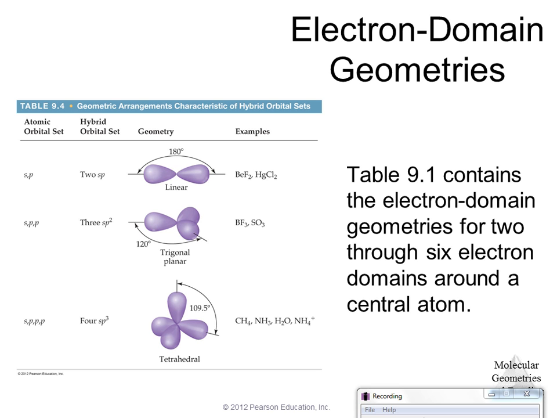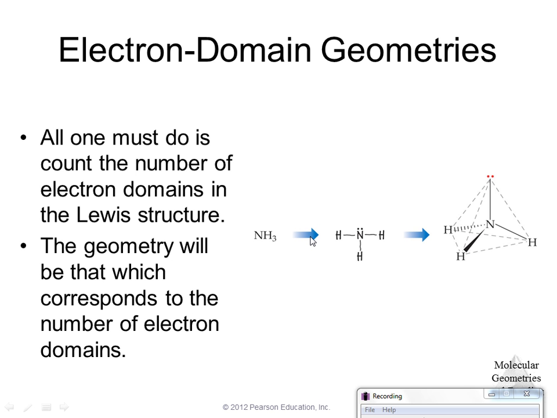Trigonal planar, it has 3 bonding sites around it. Flat, no unshared pairs. This has 4 bonding sites around it, 4 sp3s. This has 4 bonding sites around it, no unshared pairs. So as you see the geometries of this, the number of bonding pairs are important, and the numbers of non-bonding pairs are important.